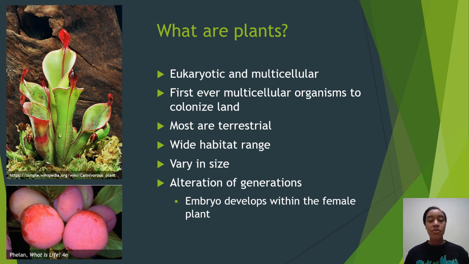Plants undergo a process called alternation of generations, which we'll talk about in a lot more detail throughout the rest of this presentation. But essentially, they have two life stages, a haploid and a diploid stage in their life cycle, and their embryos develop within the female plant, and they don't leave the female organ of the plant.